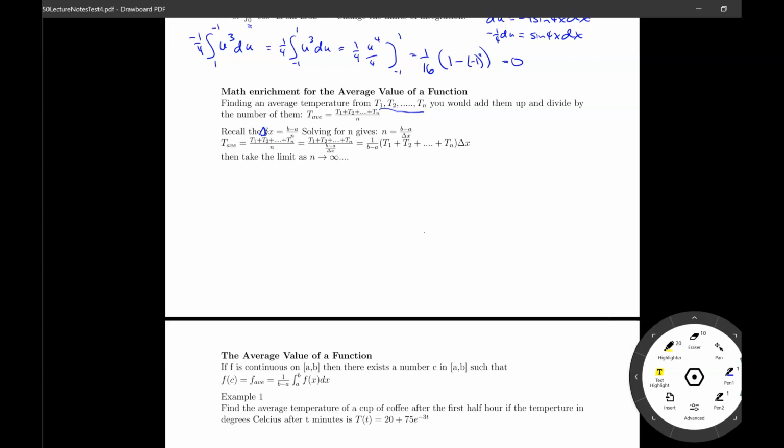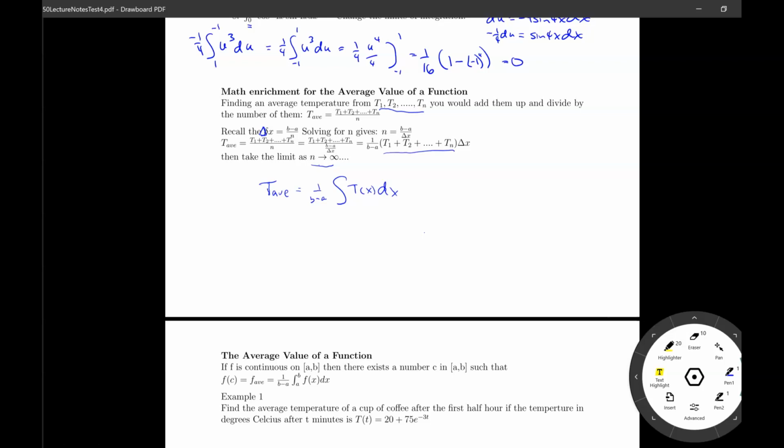So if I add these n things up and take the limit as n goes to infinity, that's an integral. So what I get for the average value, the temperature average value, is 1 over (b minus a) times the limit as n goes to infinity of this sum, which is the integral of those temperatures times dx.